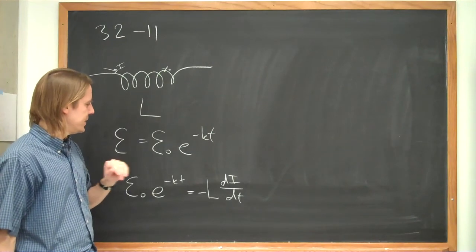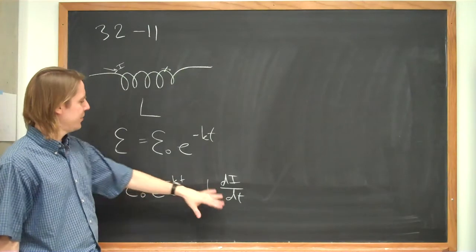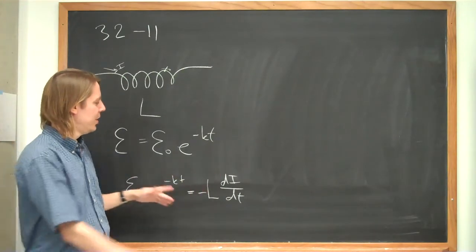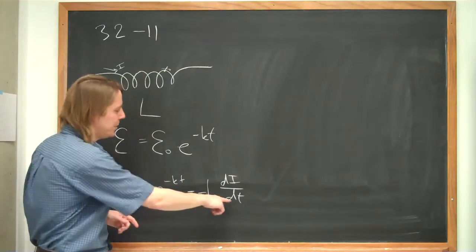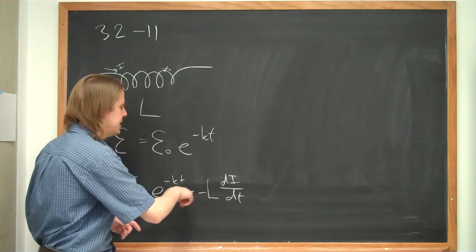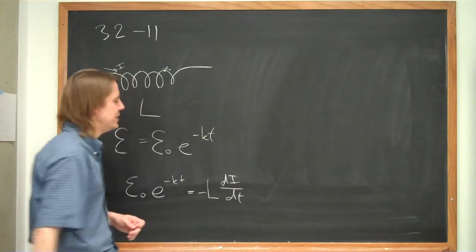To get the current, we're going to have to integrate because we have differentials here. Whenever you see differentials in time and differentials in something else, you get them on opposite sides. Here, it looks like it'll work out if we pull the dt over here, and we have all the stuff related to t here, and we just leave di there.